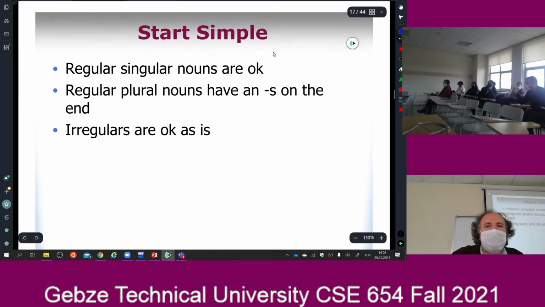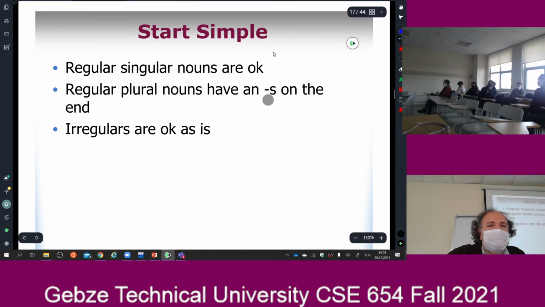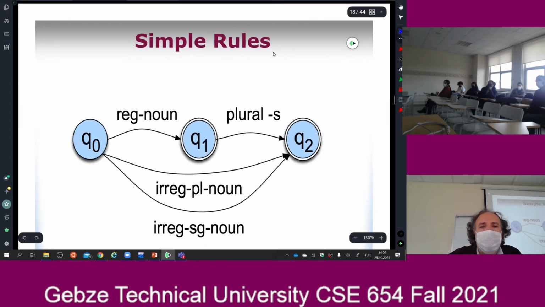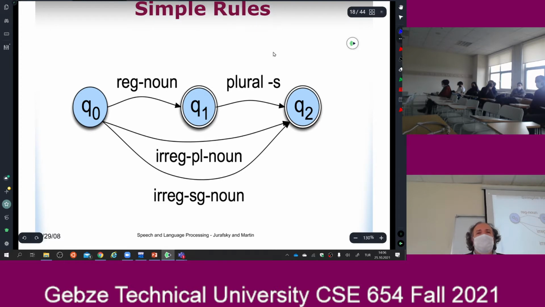Okay. So let's do some simple stuff, especially with the English, with this s suffix. It is for singular nouns, also some possessives. Okay. So this is a finite state automata to recognize a word. Okay, just a word, a noun word.